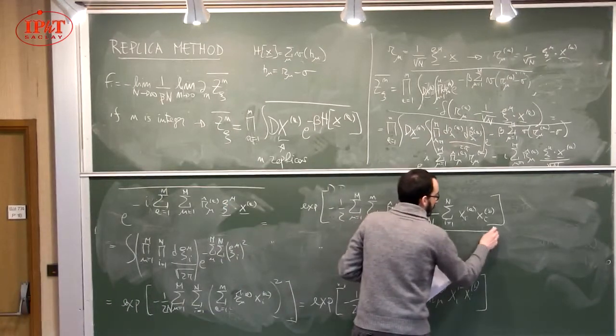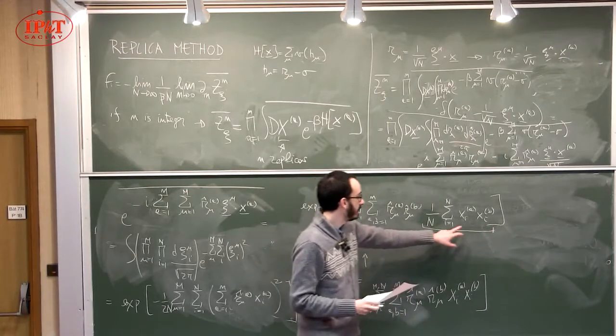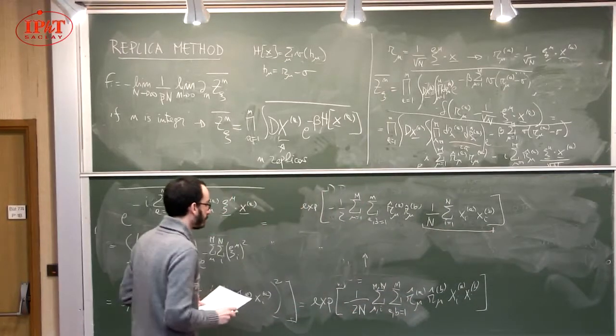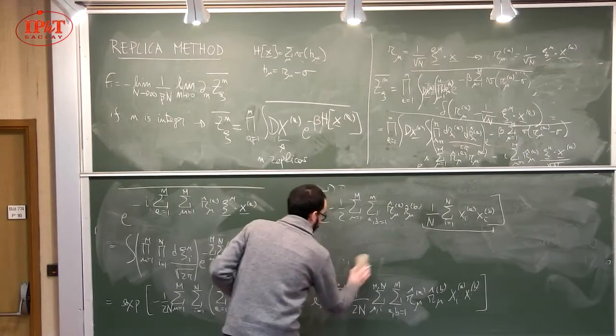The second comment is that there is this quantity here that appears quite naturally, and this is called the overlap.